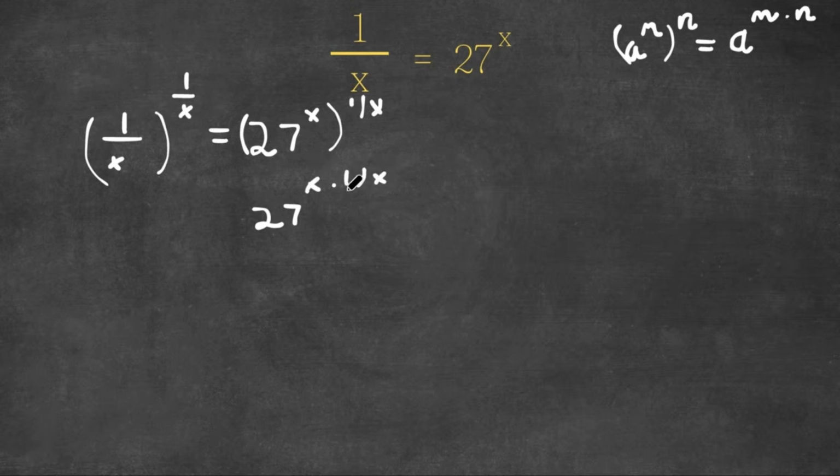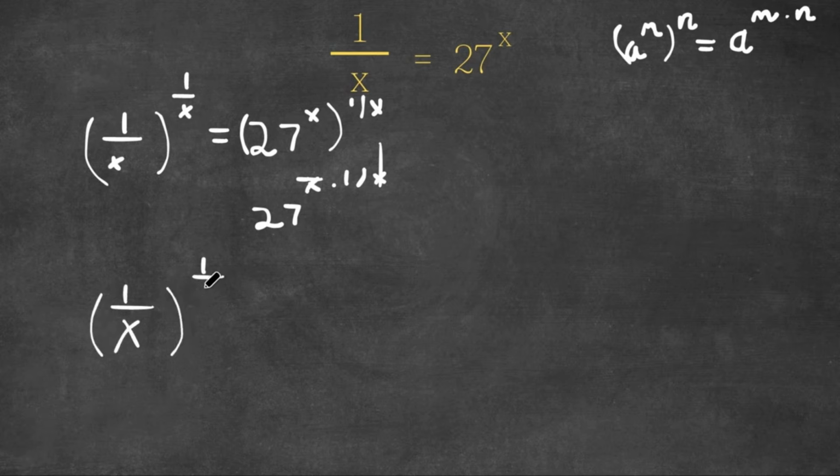For x times 1 over x, these x's simply cancel out, and we are left with 1. So this would be (1 over x) to the power of 1 over x is equal to 27 to the power of 1.